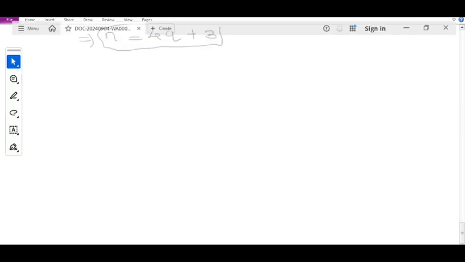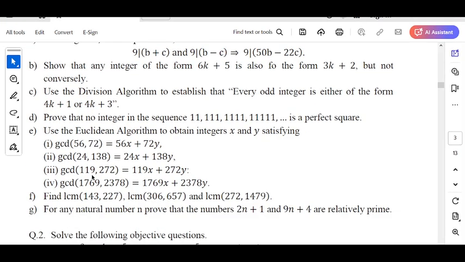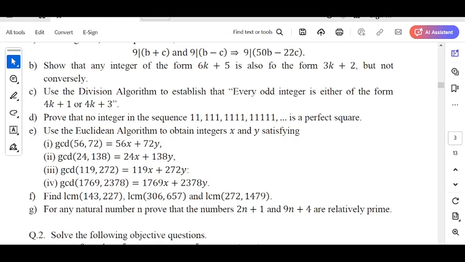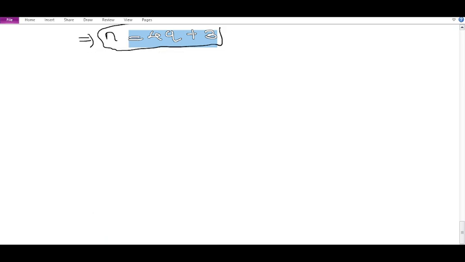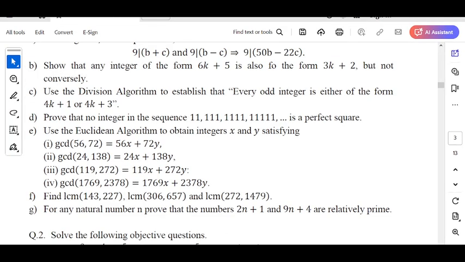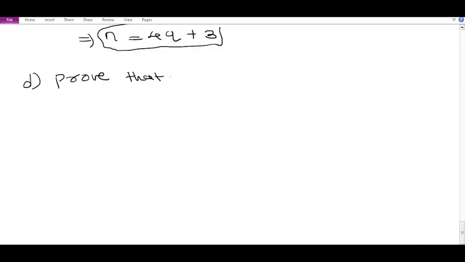Next example. Prove that no integer in the sequence 11, 111, 1111, 11111, and so on is a perfect square.